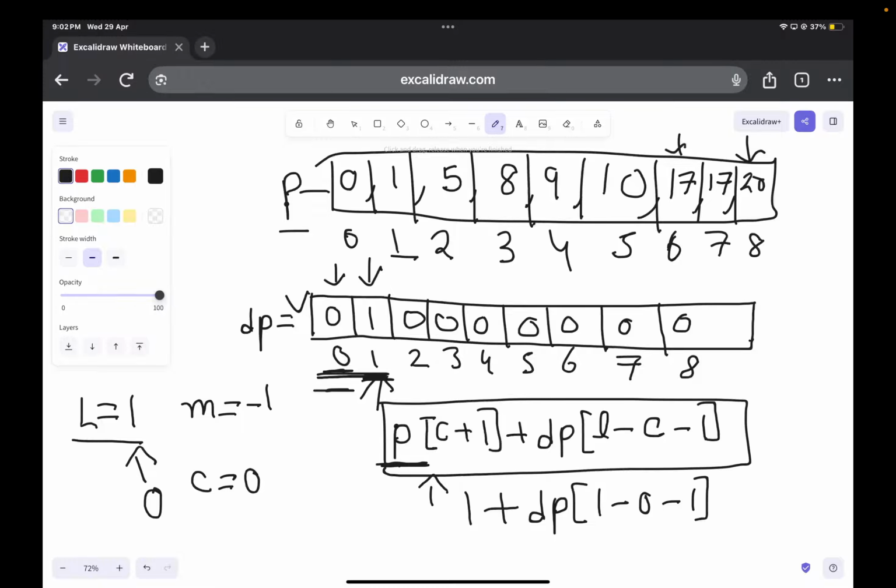If you do 0 plus 1, price of 1 is still 1. Price of 1 is 1 plus dp of, you are checking after that cut. After that cut, what is the price? L is total length 1 minus C. What is minus C? Minus C is 0. So 1 minus 0 is 1 and minus 1. Why are you doing minus 1?